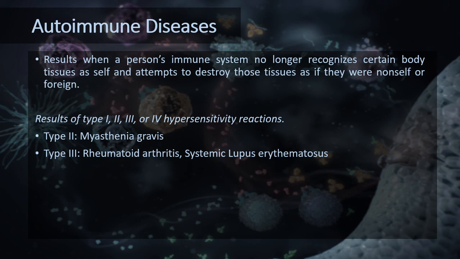For type 3 hypersensitivity reactions, we have the examples rheumatoid arthritis and systemic lupus erythematosus, which is a systemic autoimmune disease that commonly affects the skin, joints, and kidneys.